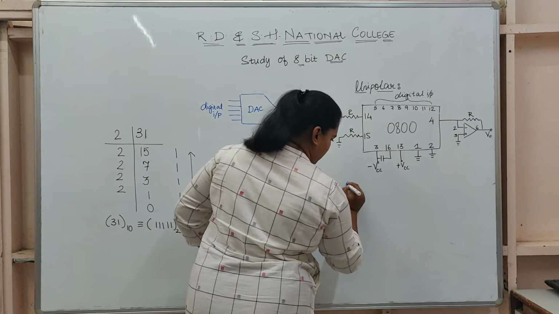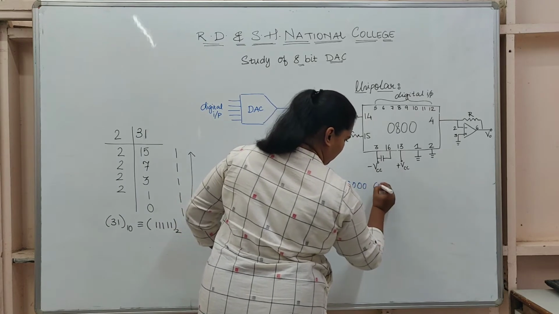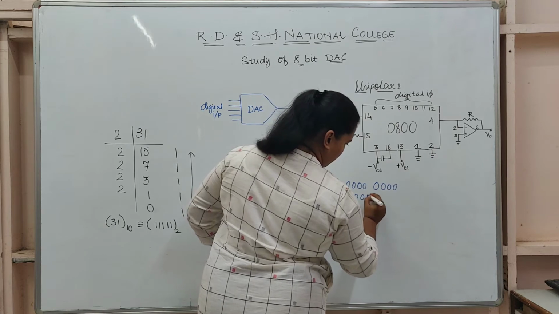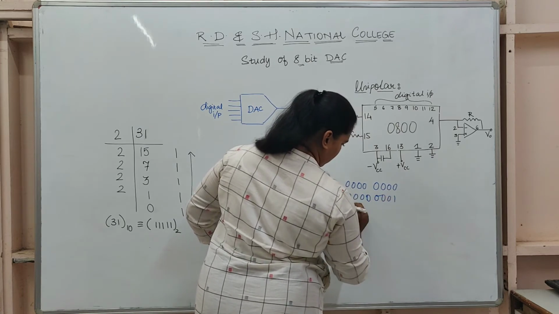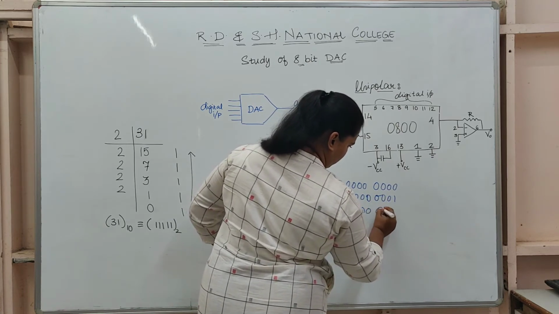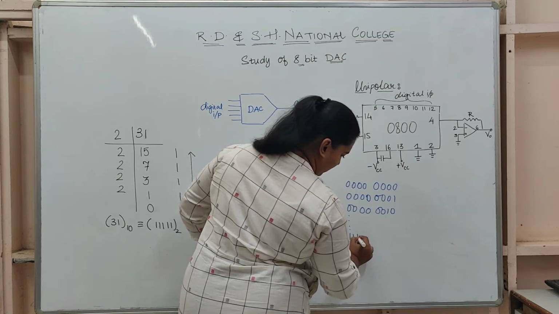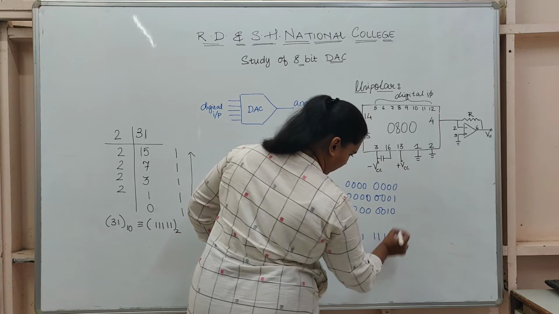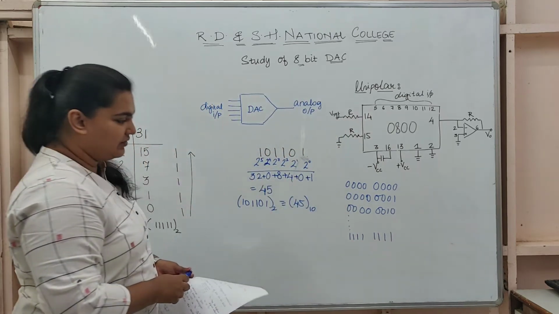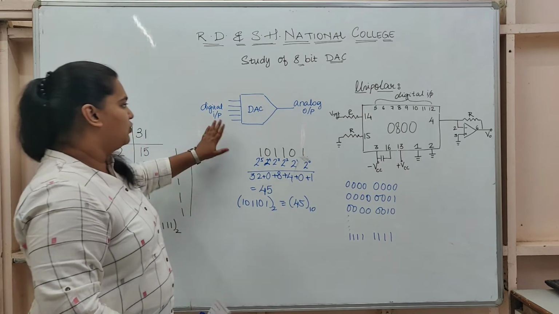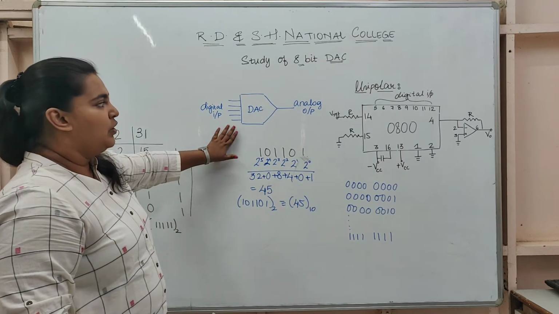go from 0, 0, 0, 0 being the lowest, then you can increment by 1, so you will get 0, 0, 0, 0, 0, 0, 0, 1, and so on up to 1, 1, 1, 1, 1, 1, 1, 1. This is the highest value we can achieve for digital using an 8-bit DAC.